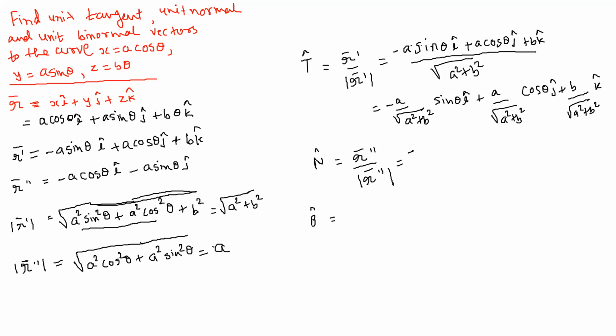What is r bar double dash? Minus a cos theta, minus a sin theta, upon a.